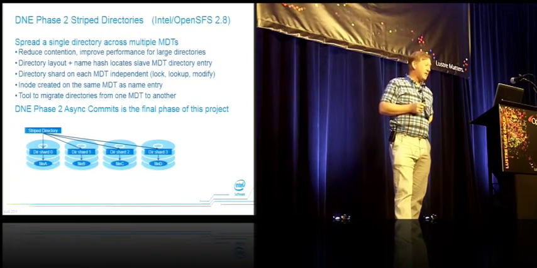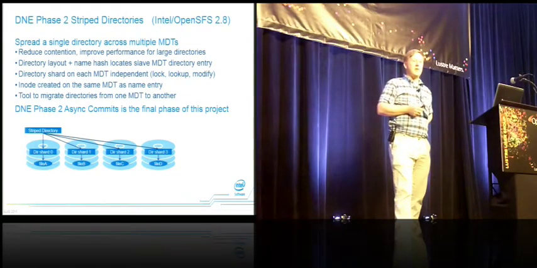This is also the last phase of the distributed namespace project, and the goal of the stripe directories work is to spread a single directory that might be created if you have a file per process workload. Every thread in your 100,000 core, million core system is creating one file in the same directory, right? And so you need high performance even within a single directory.